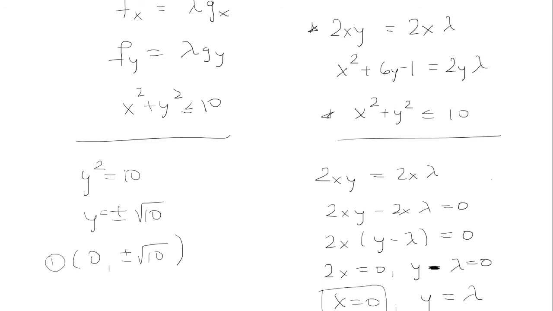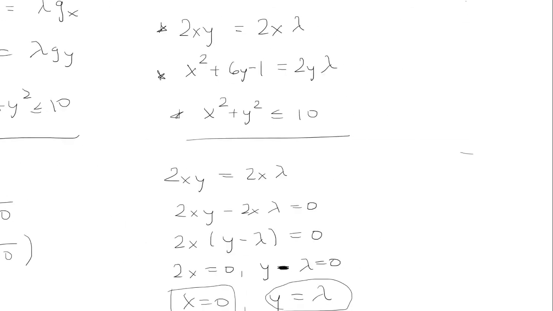Now the other thing we have to do is work with the second equation. That one needs to be worked on, because we have that y is equal to lambda. So let's plug in y equals lambda in there and see what we get. Plugging that in, I get x squared plus 6y minus 1 is equal to 2y times y, which is 2y squared, because I'm plugging in y equals lambda here.